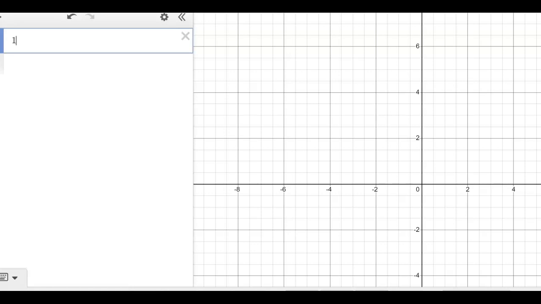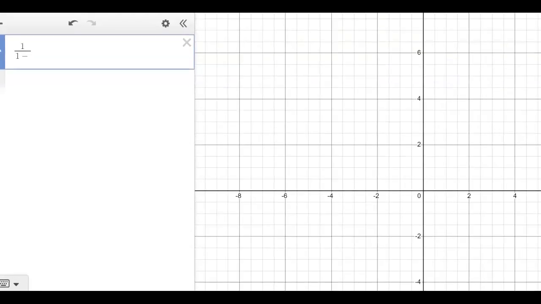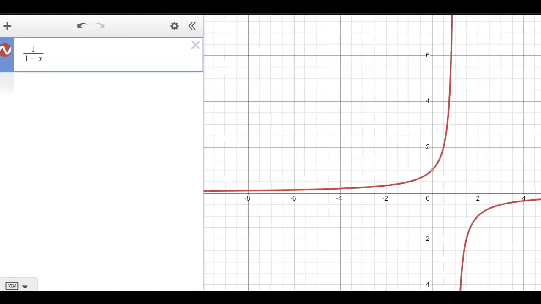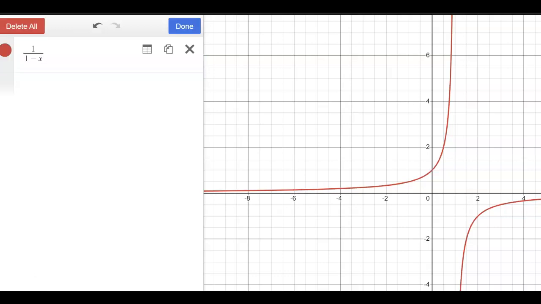One over 1 minus x. All right. And actually, I want to make that in black. There we go. There's our simple function, 1 over 1 minus x.